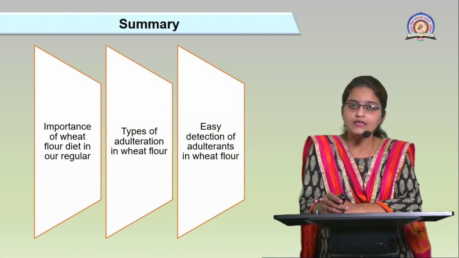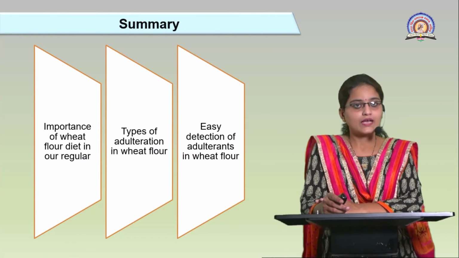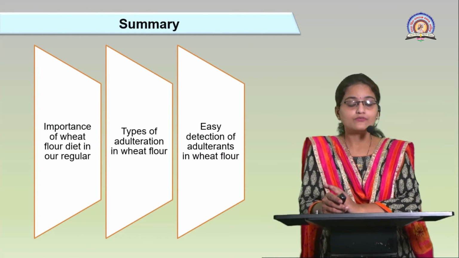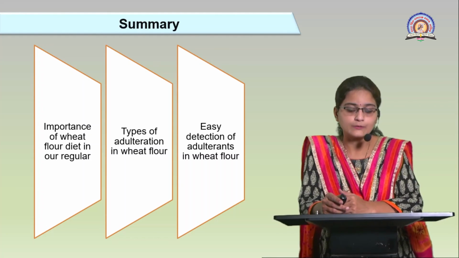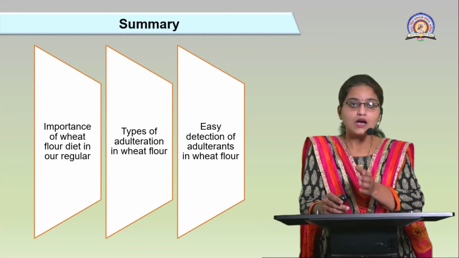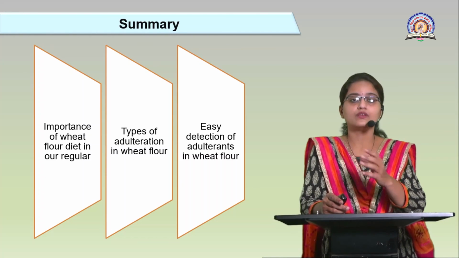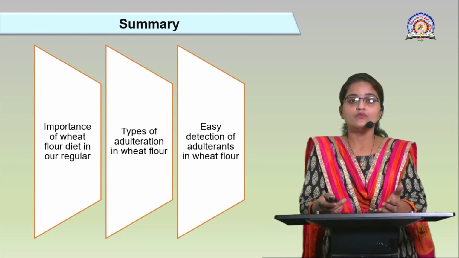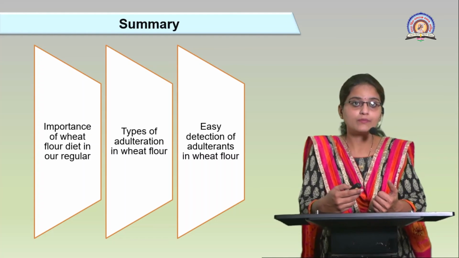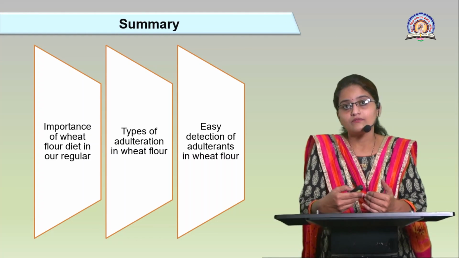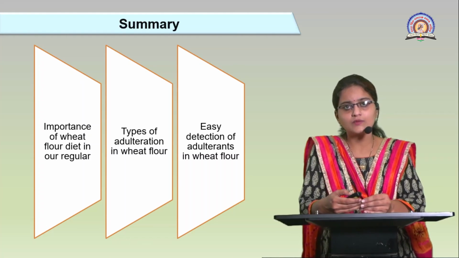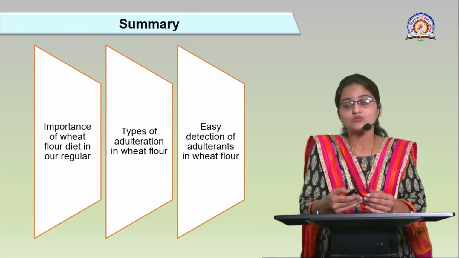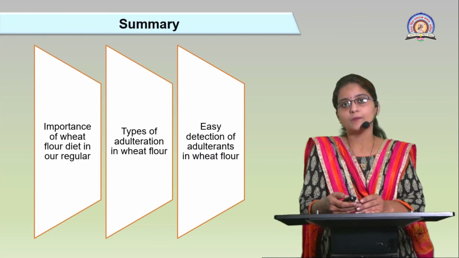So let's take the summary. First of all, we have seen how wheat flour is important agroeconomically and in our regular diet, and how wheat flour contains various nutrients through which we can get more and more nutrient benefit and a very healthy metabolism. And lastly, we have seen very easy steps to detect the presence of adulterants in the wheat flour.